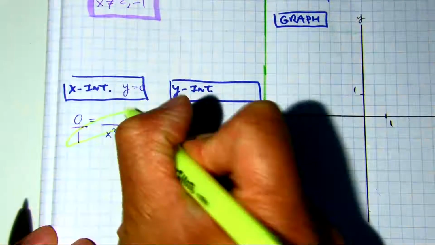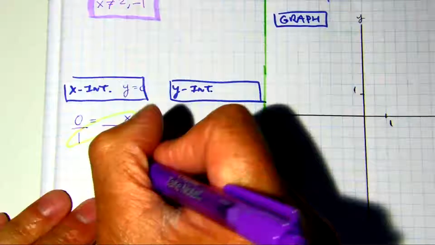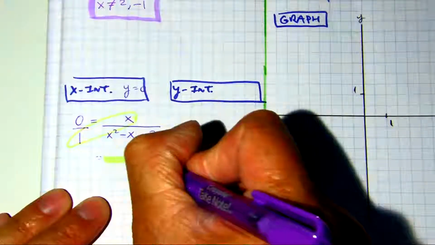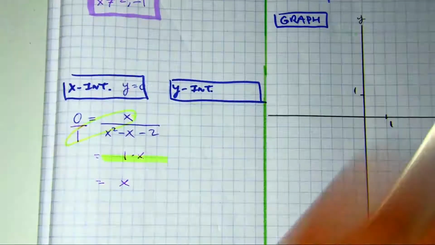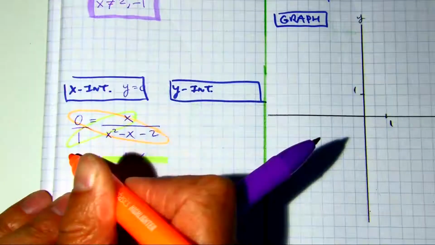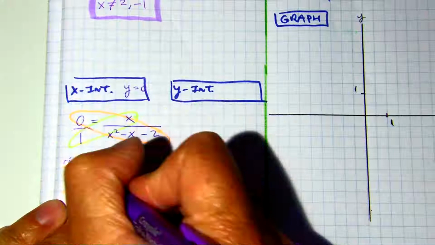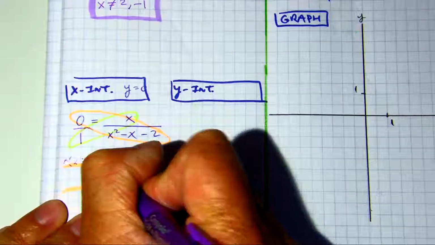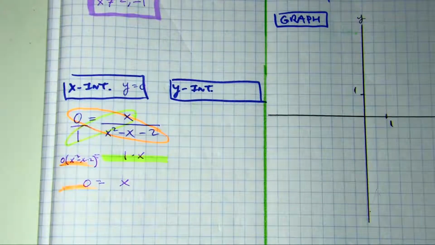Erica, 1 times x becomes x. Erica, 0 times anything? So this is 0 times x squared minus x minus 2, and that is 0. So I have the ordered pair.